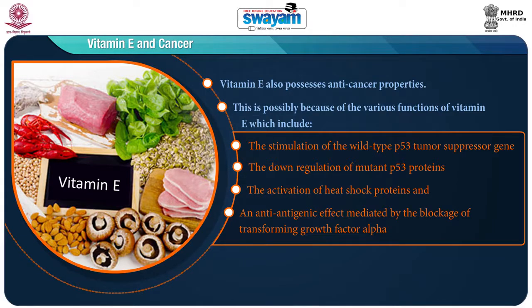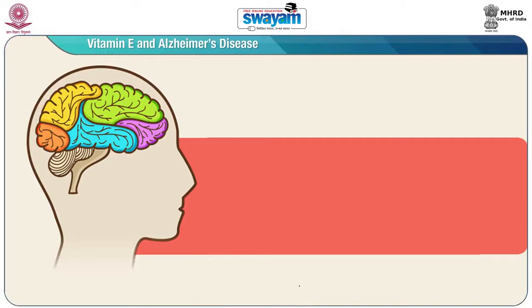Alpha, gamma and delta tocopherols have emerged as vitamin E molecules with functions clearly distinct from each other in anti-cancer activity as well. Now, coming to vitamin E and Alzheimer's disease.